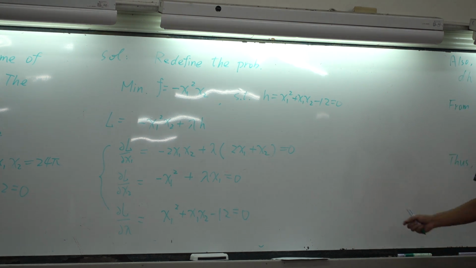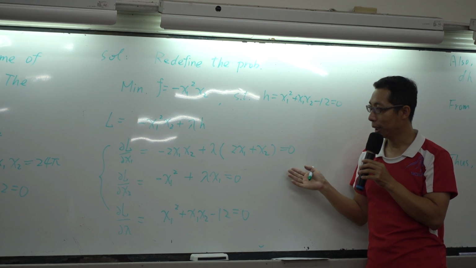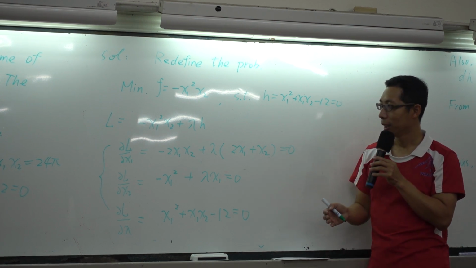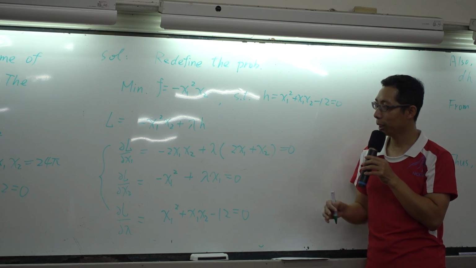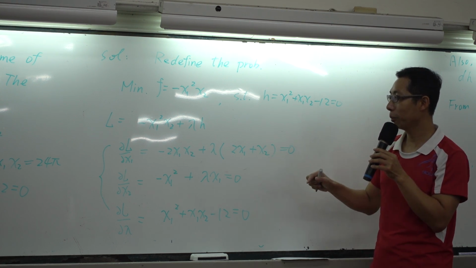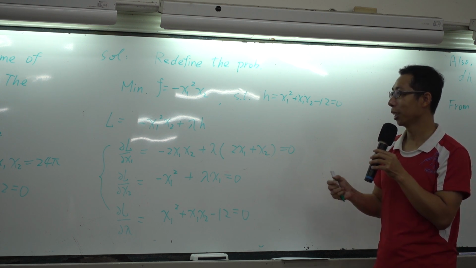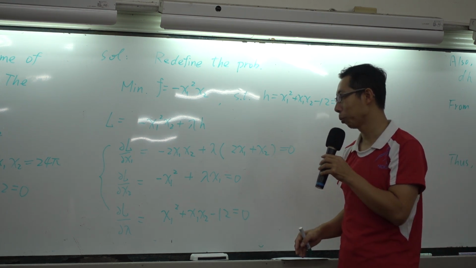Oh, and by the way, hopefully you remember, when you see equations like these, usually the easiest way is to see whether you can find an equation like something times another. Usually starting from that is the best way to solve the problem.